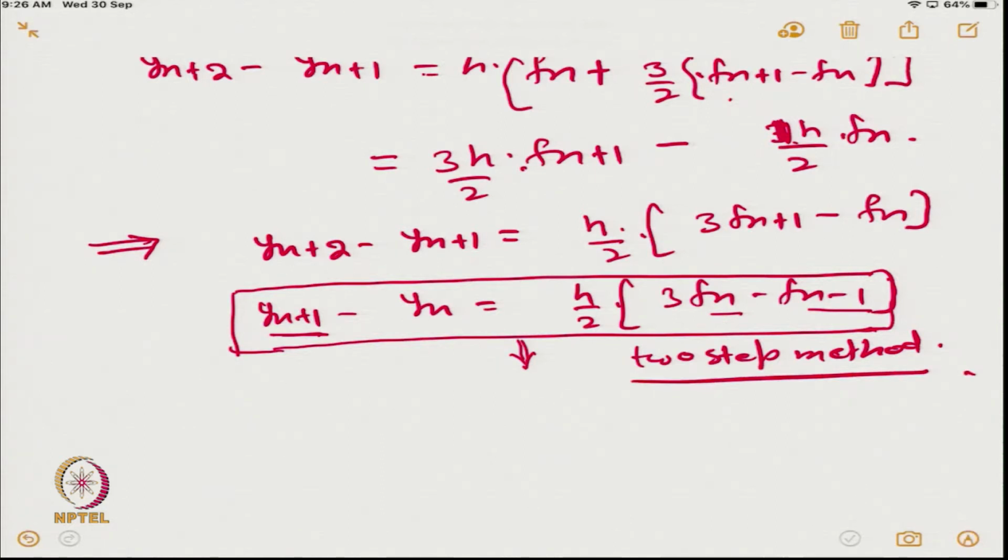Similarly, as I was saying, we can develop the trapezoidal method also in the following way, but in that case I have to integrate. Last time what I did, I chose the sample point at the average of 2.